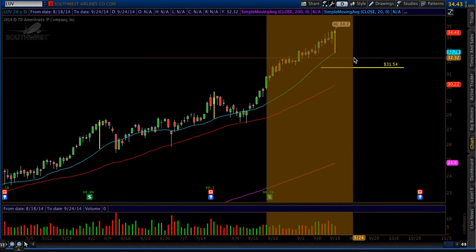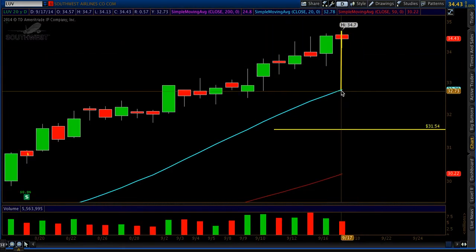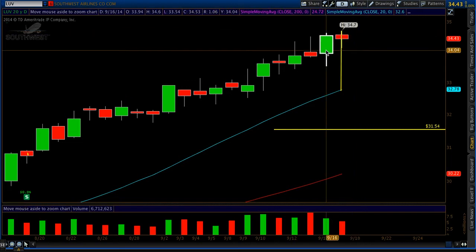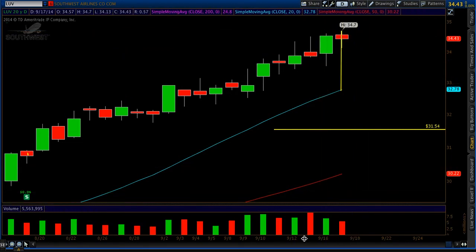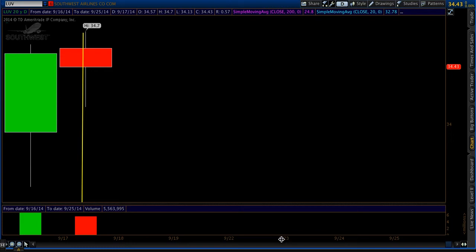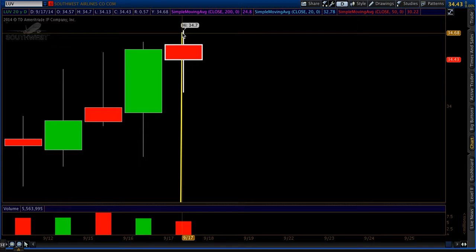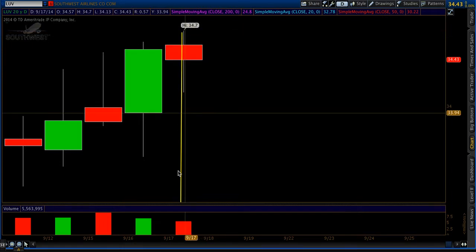See, I'm right there at the 20, and yesterday this made an all-time high at 34.70. If I zoom in all the way, the high of the line takes you to 34.68, and again the high was 34.70.